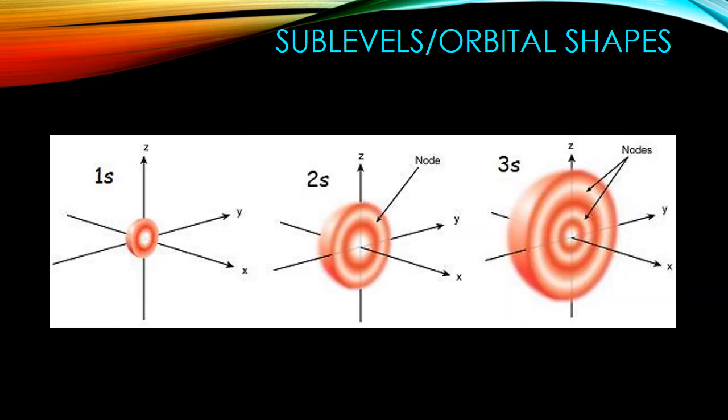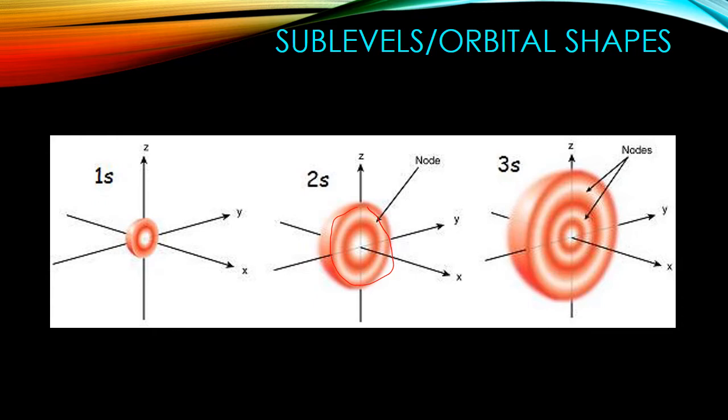If you guessed that each s orbital gets larger because it houses the smaller orbital, well, you would be absolutely right. You see, the 1s orbital is just this little guy. And the 2s orbital sits right on top. I can't draw a circle tonight.